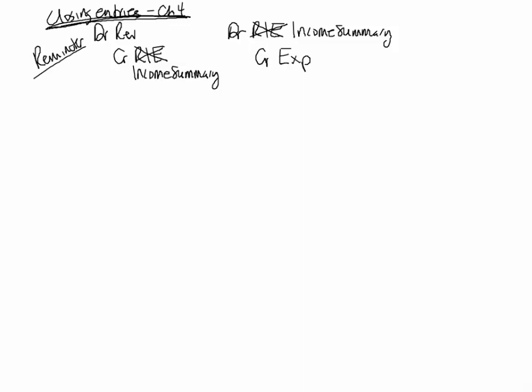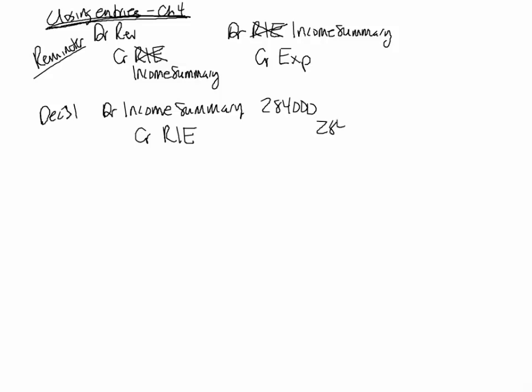Now, the last part of the closing entry is to clear out the income summary account. So we do a debit to income summary and a credit to retained earnings. And this is what we have to do at December 31st for this company, because we were told that profit was $284. So what I'm assuming is that these other entries have already been done.